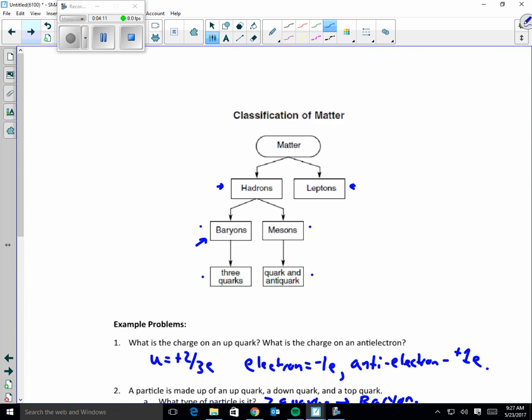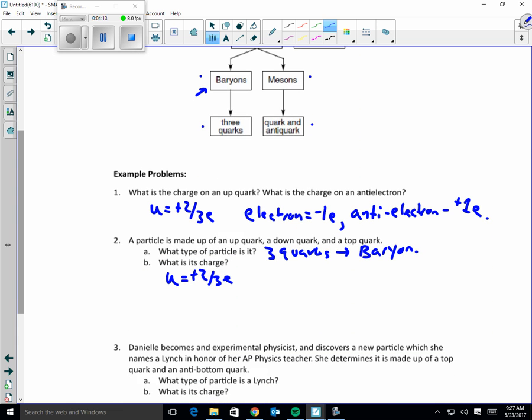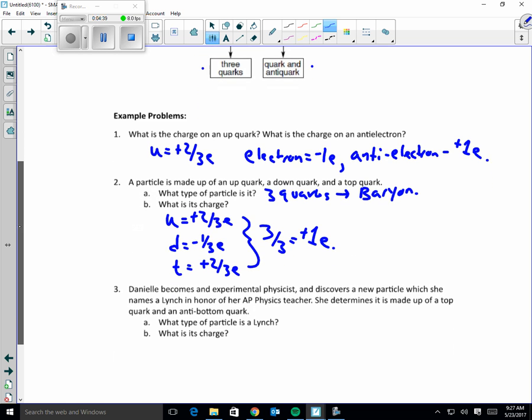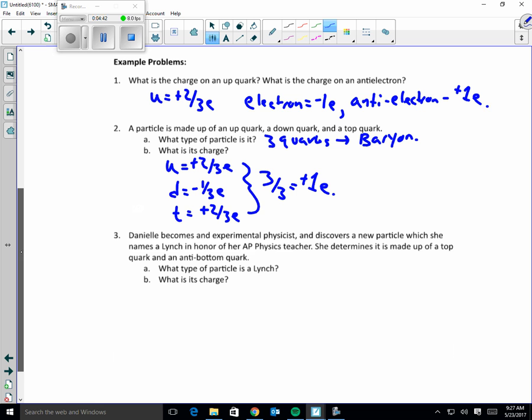And then a down is minus 1/3 E. And then a top is plus 2/3 E. When I add all those together, I end up with 2/3 plus another 2/3 is 4/3, minus 1/3 is 3/3, equals plus 1 E. And you're always going to end up with a whole number, just like we said when we were studying electricity. You always end up with a whole number of electrons.